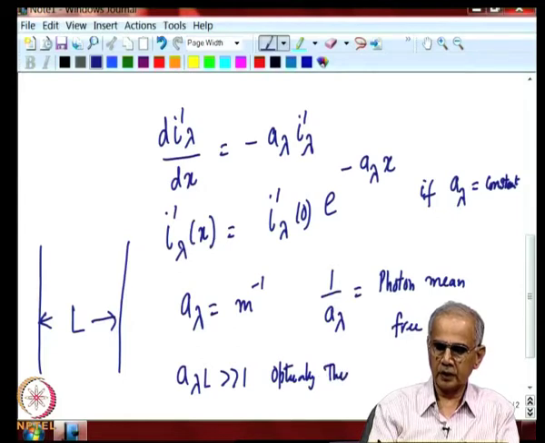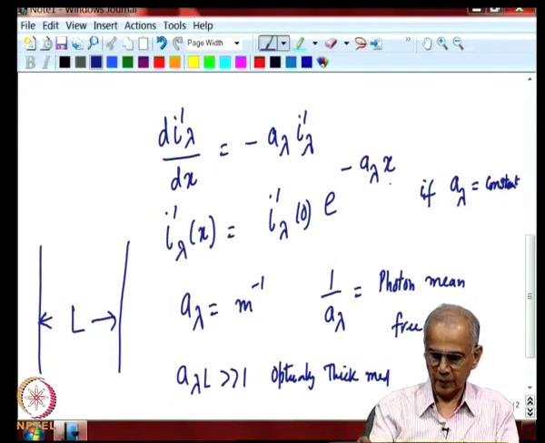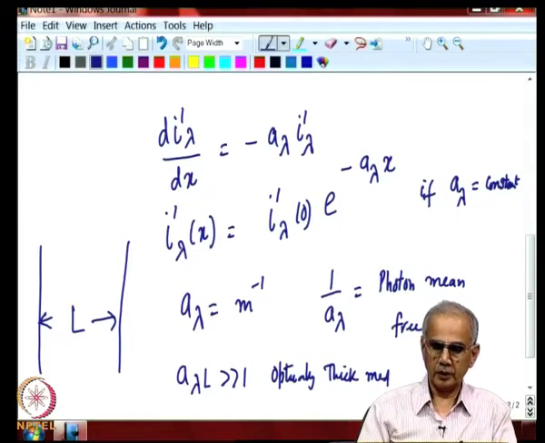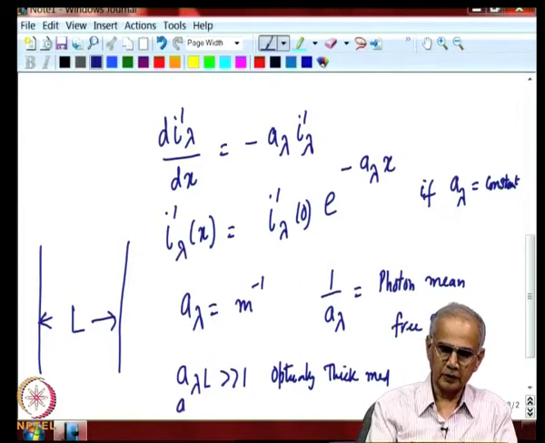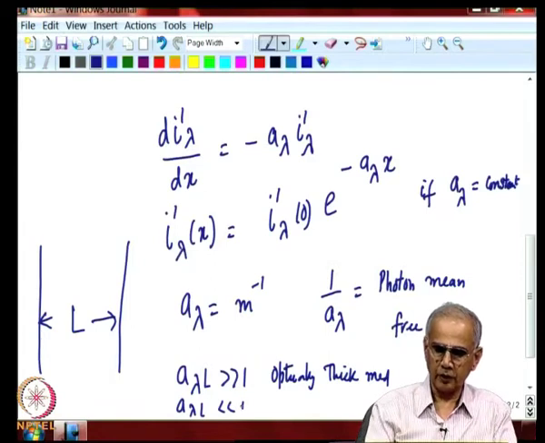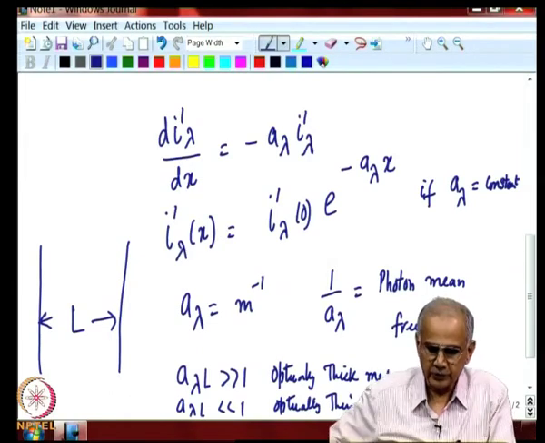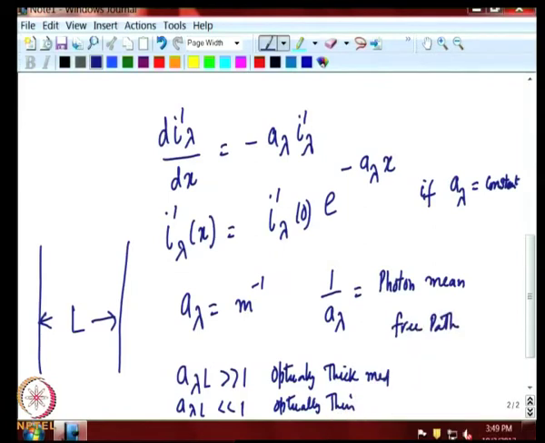That is, it is highly absorbing, because if you put a lambda L here, this quantity will become very small. There is a very rapid attenuation of the radiation. On the other hand, if a lambda L is much less than 1, we call it optically thin. So, there is hardly any attenuation of the radiation.